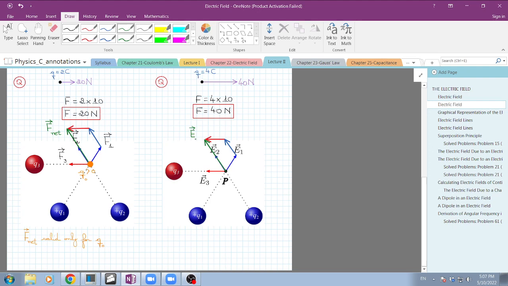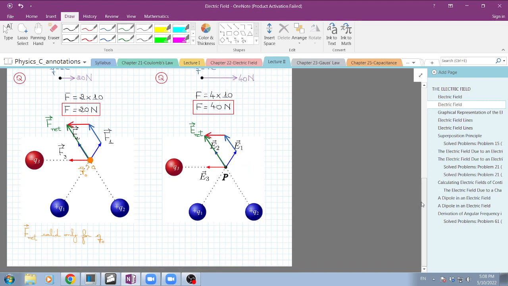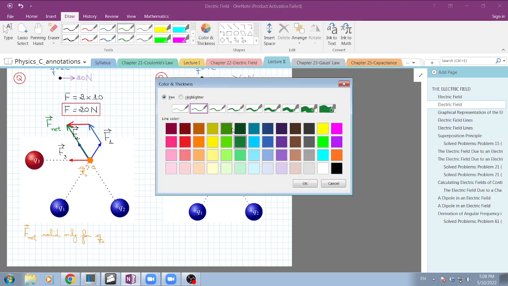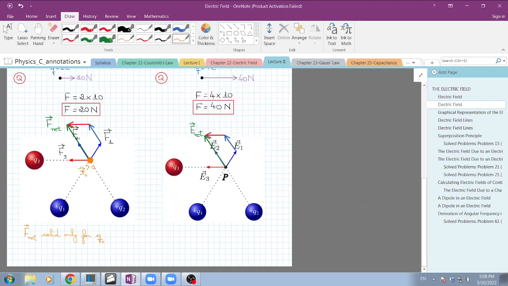And the main advantage here, my friends, is that this is valid for any charge that you place at this point in space. All you have to do to find the electric force is multiply by the electric field, and then voila, you have the electric force.